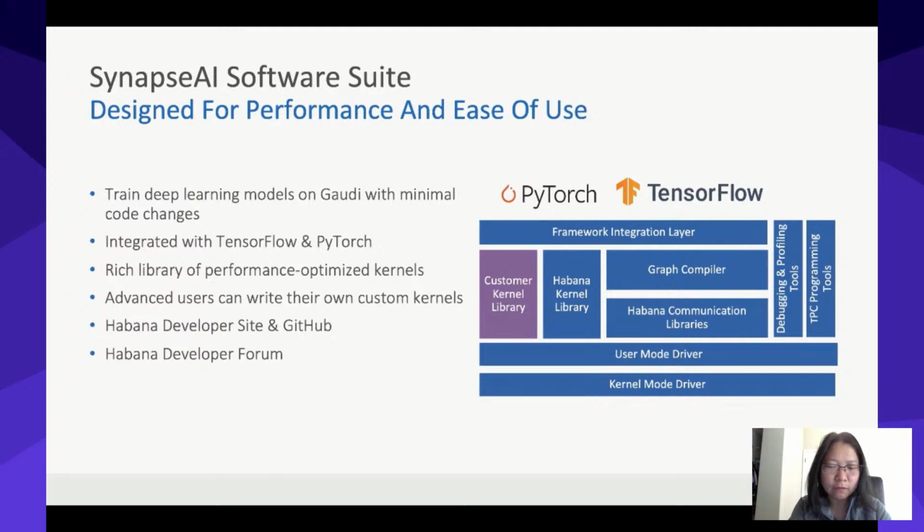That means if the customer wants to use some advanced feature to write their own library for better performance, they can. This is very similar to the SDK that NVIDIA provides. And also we provide some low-level debugging tools and also the profiling tools. You can find out what is the bottleneck of your run on Gaudi, to do further optimization.